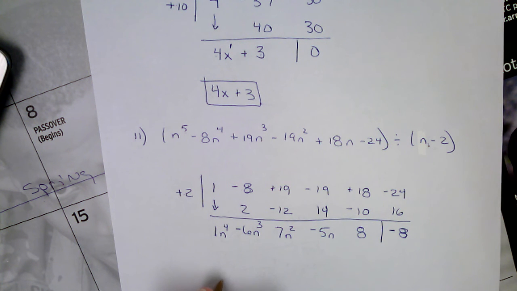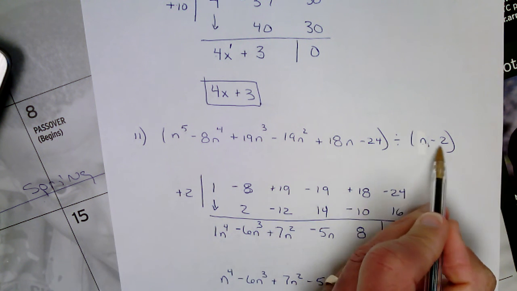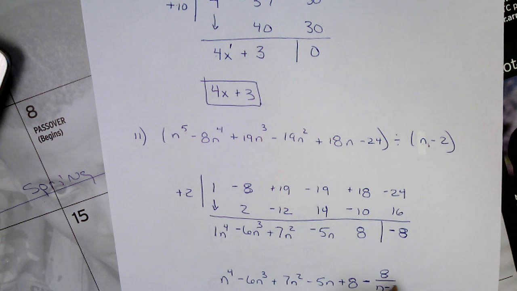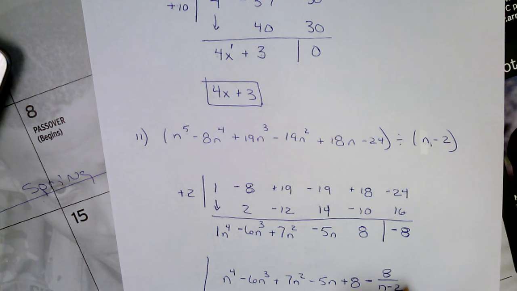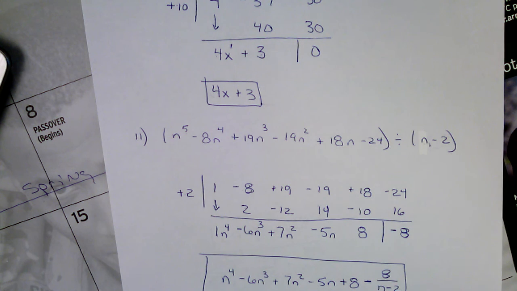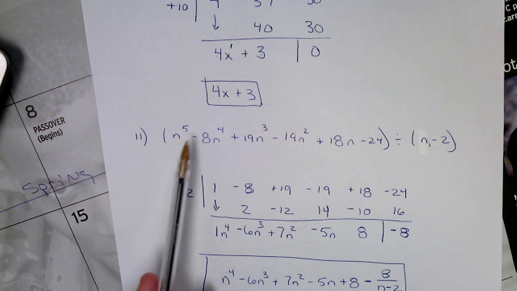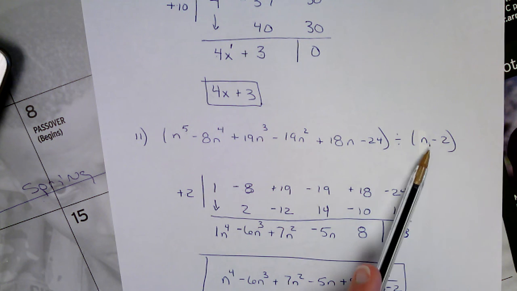So the final answer here is n to the 4th minus 6n to the 3rd, plus 7n squared, minus 5n plus 8, and then we have this remainder. So a remainder, not a reminder, a remainder. It's going to be minus 8 over what we divided by, which was n minus 2.